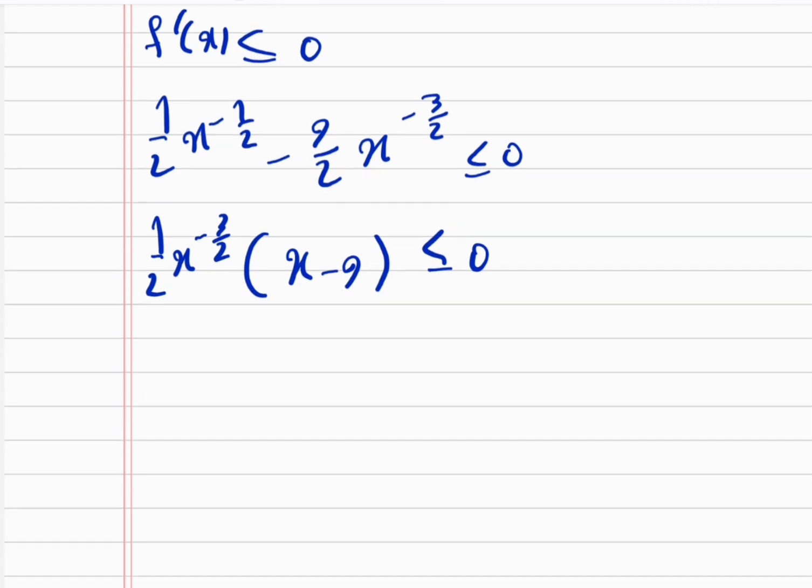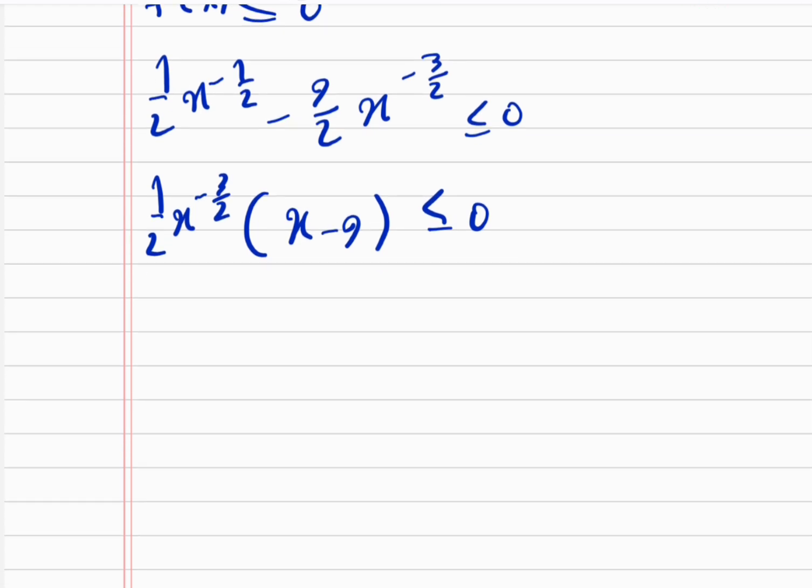That is useful for this inequality, because if you want to solve it, you could also say that 0 is one of the solutions. But actually we exclude that, and the only solution of the inequality is x minus 9 is less than or equal to 0, which gives us the value that x is less than or equal to 9.